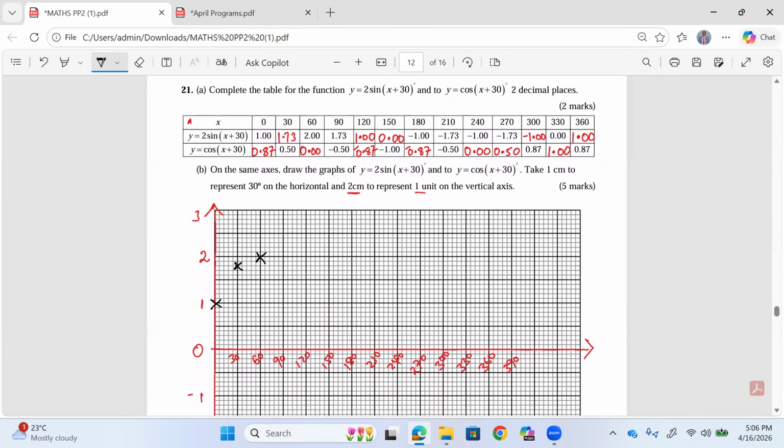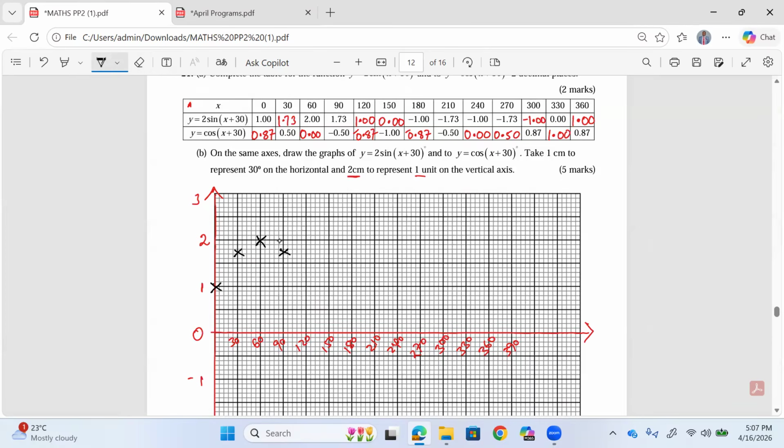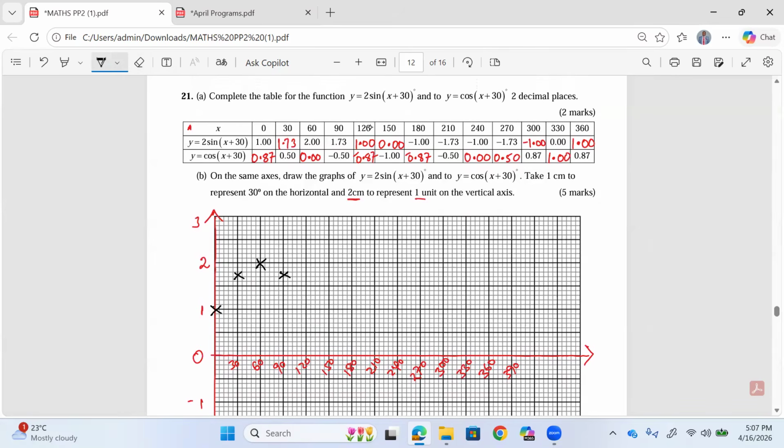At 90, 1.73. I'm supposed to be very careful here because 1.73 is 1.5, 6, 7, somewhere there. After 90, we go to 120, exactly 1, which is there. 150, 0.